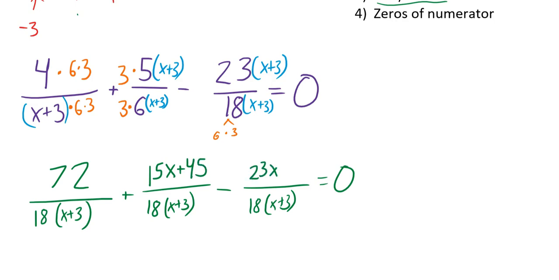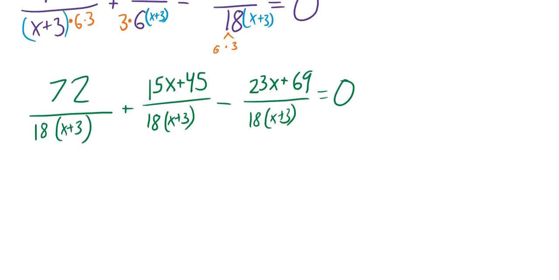Then 23 times x plus 23 times 3. I have 3 rational expressions, adding and subtracting. They all have a common denominator.